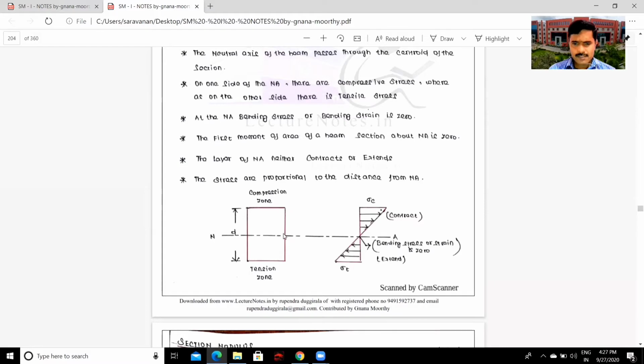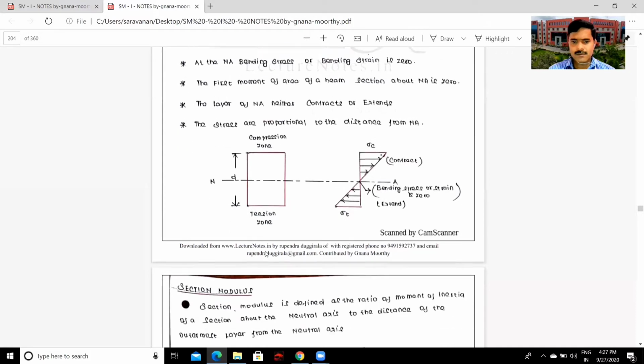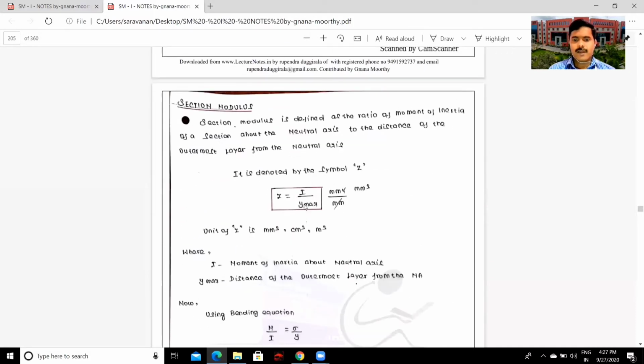From the neutral axis, the distance of the outermost layer y will be equal to this value, y maximum. Therefore, Z is equal to I by y maximum. So section modulus is nothing but the ratio of the moment of inertia about the neutral axis to the distance of the outermost layer from the neutral axis. So I by y maximum.